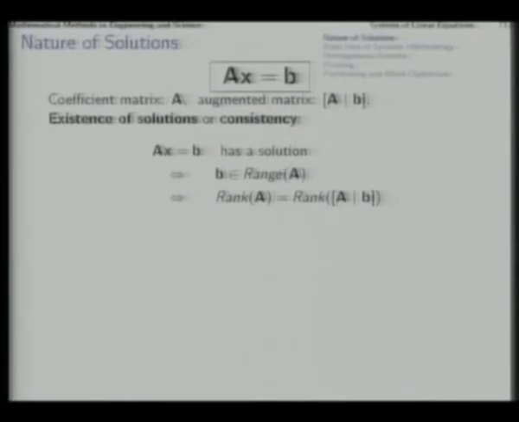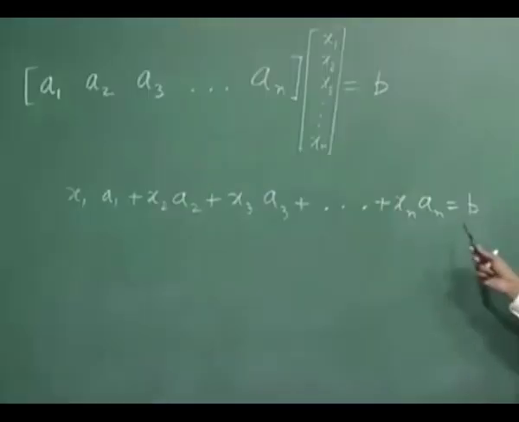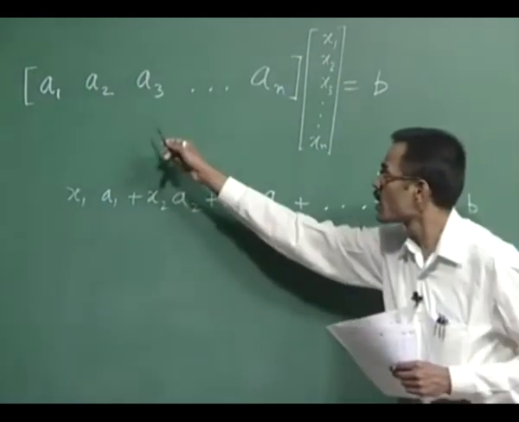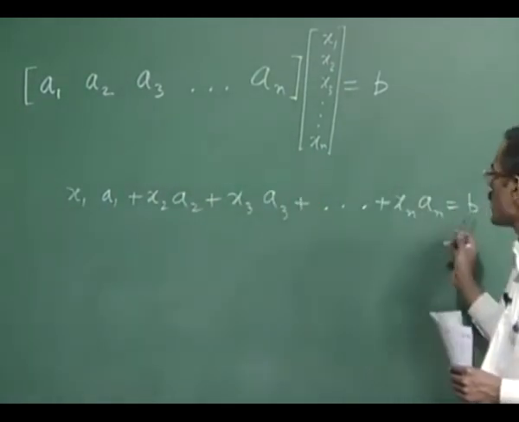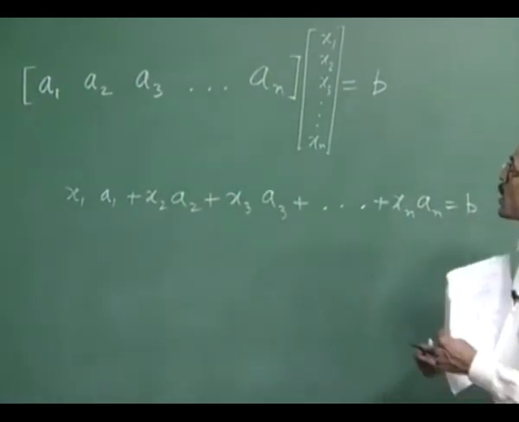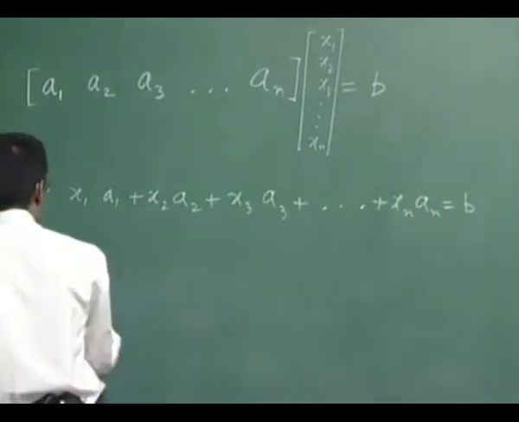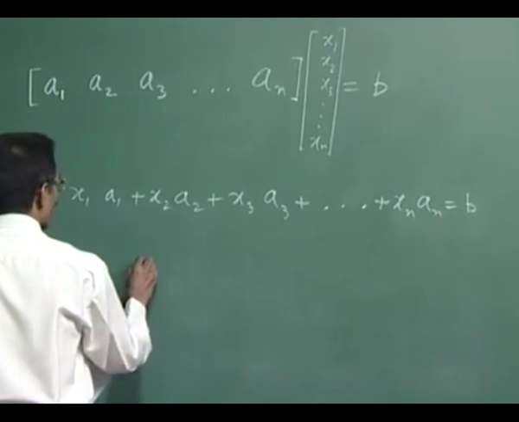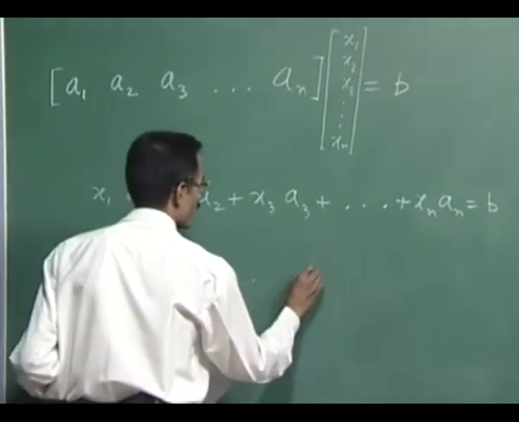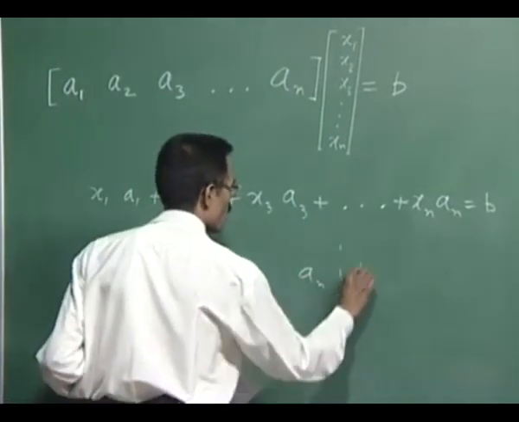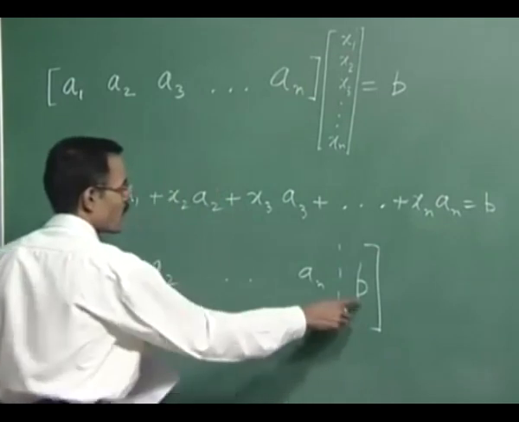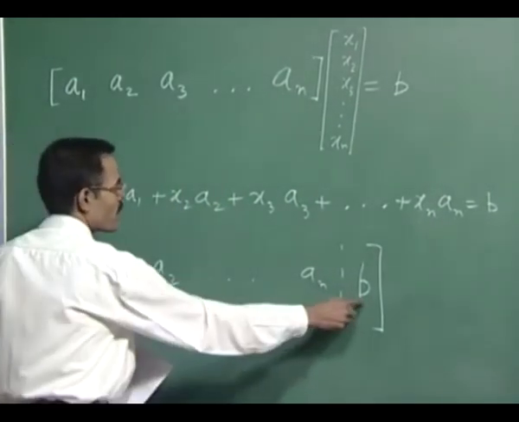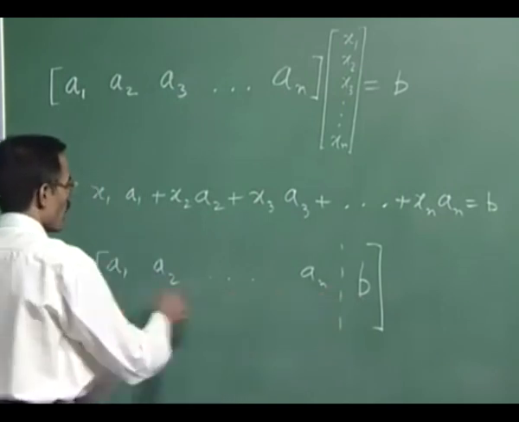And this is also equivalent to saying that since as a linear combination of these columns A1, A2, A3, A4, etc., we can find b, when we augment these columns with one more column, this is a linear combination of all these, and that means this is linearly dependent on these.